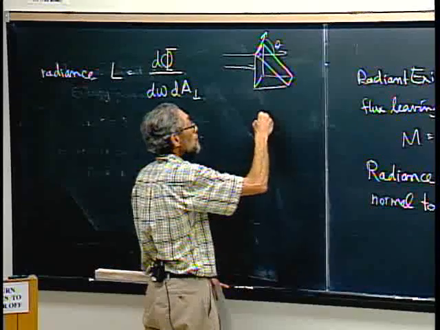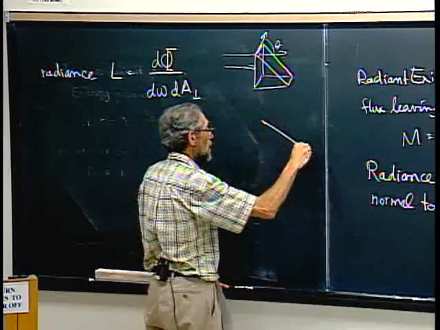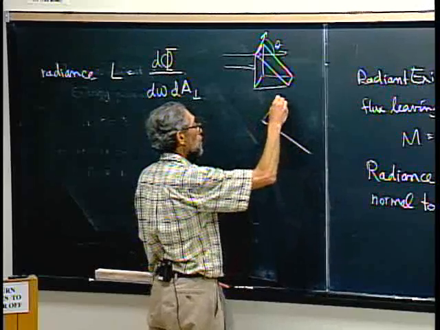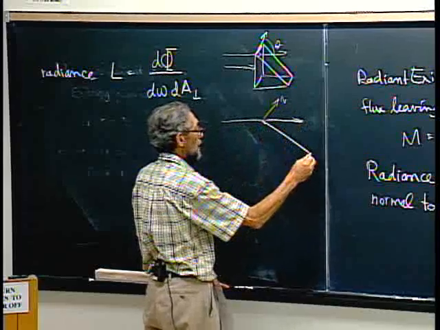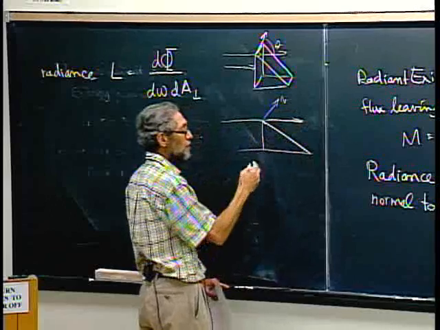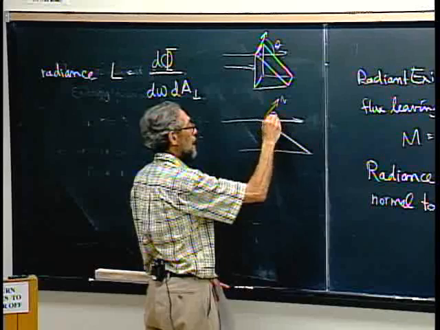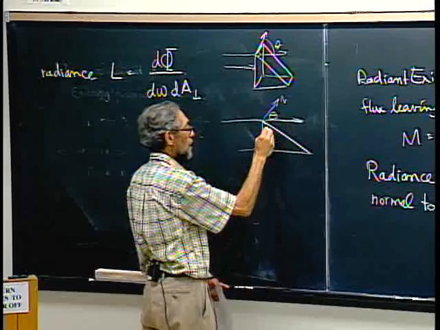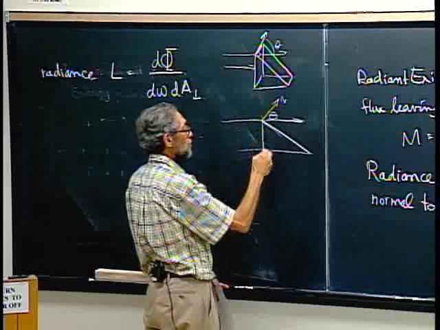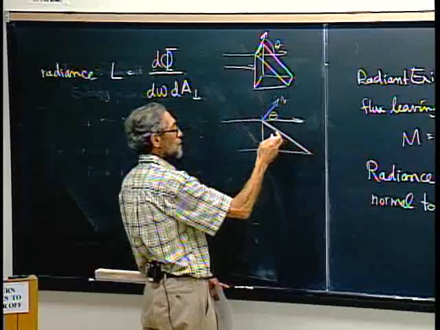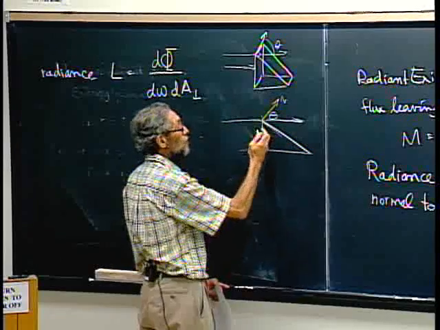Let's just draw the 2D picture of the sort I had before, where here is an area, and here is its normal. And here is the direction that the beam is going, which I'm also projecting onto this area. And this was my, now I'm going to call it theta instead of alpha, because that's what the book does in this context. This n is perpendicular to this surface, and the beam direction is perpendicular to the surface normal to the beam.